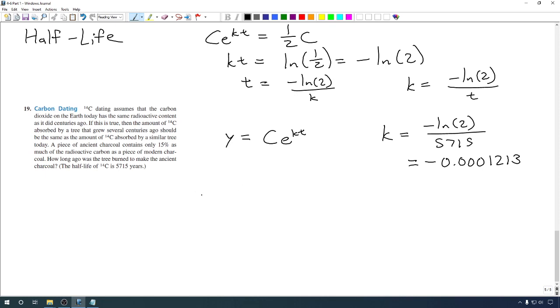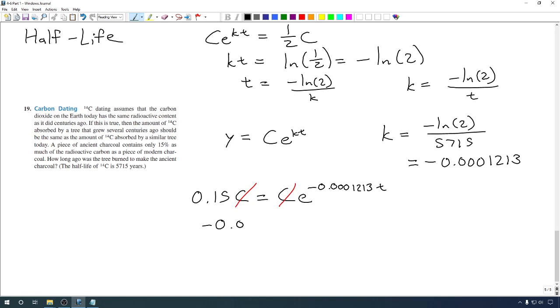All right, so we're asking, when is y equal to 15% of the initial amount? Well, 15% of c is 0.15 times c. And we have this k value times t. So what value of t makes this true? Of course, like I said before, c doesn't really matter here. So we end up taking the natural logarithm of both sides.